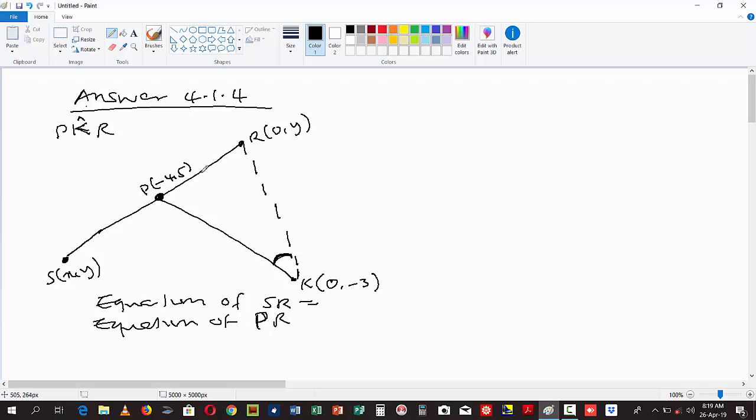So the equation of SR is still the same thing as the equation of PR. The equation of SR is y equals 1/2 x plus 7. So automatically our equation for PR will be equal to half of x plus 7 too.